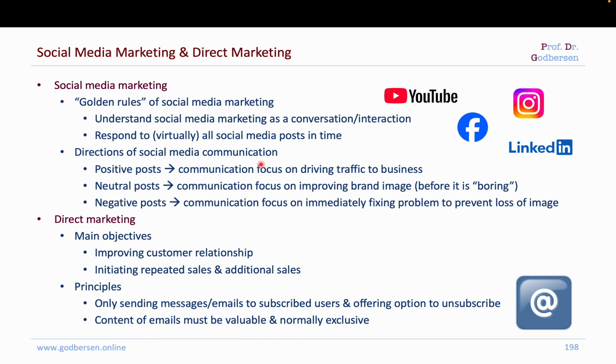If all of the posts you find on YouTube, Facebook, Instagram, LinkedIn, whatever you're using, are neutral, that is amber alert. You should focus on improving your brand image before you are perceived as being absolutely boring and nobody pays attention anymore.